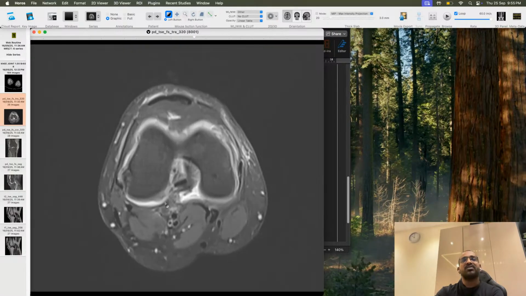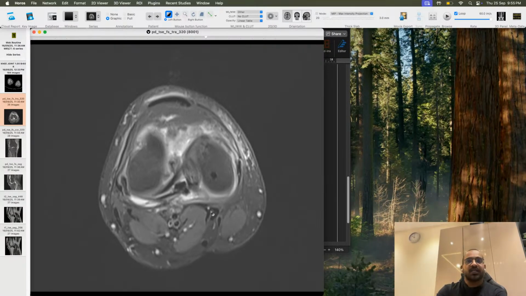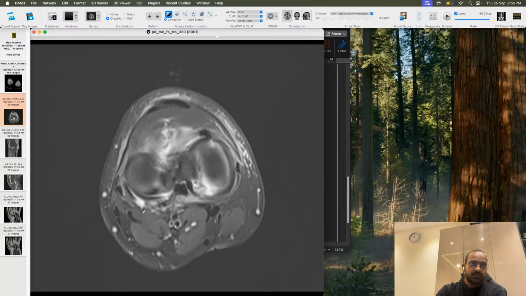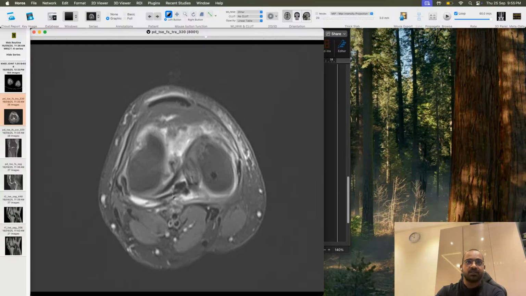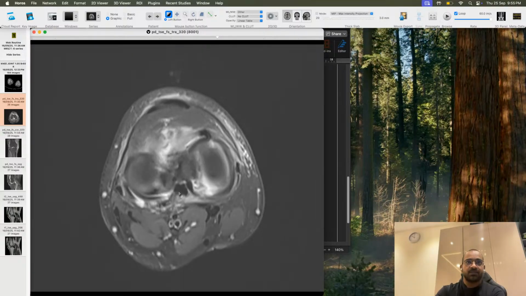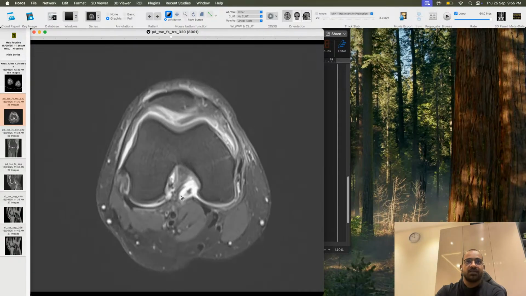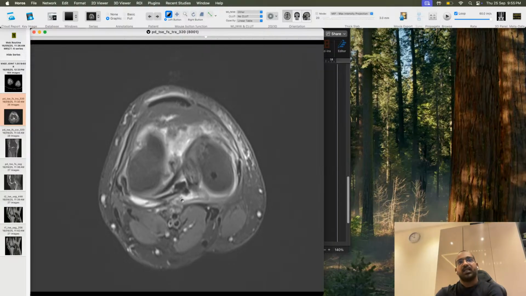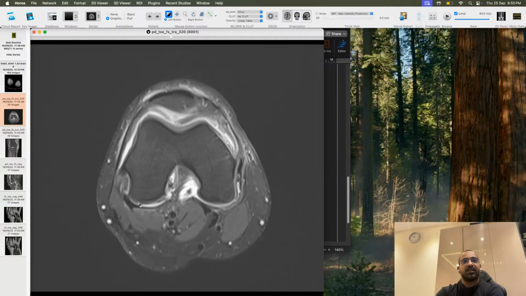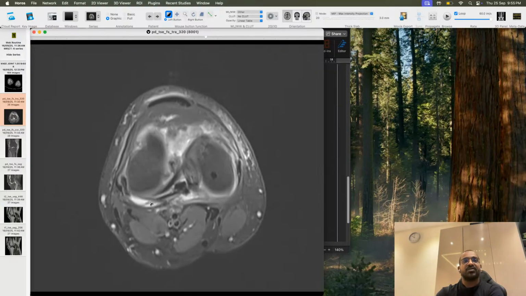And here it will blend with the posterior joint capsule and reinforce it. In the intercondylar region, we have the arcuate ligament and the oblique popliteal ligament. If there is any breach and fluid is coming out here, we can mention a tear of the arcuate. If there is a breach and fluid coming out there, then we can mention it as an oblique popliteal ligament tear with extension of joint fluid into the posterior soft tissues.